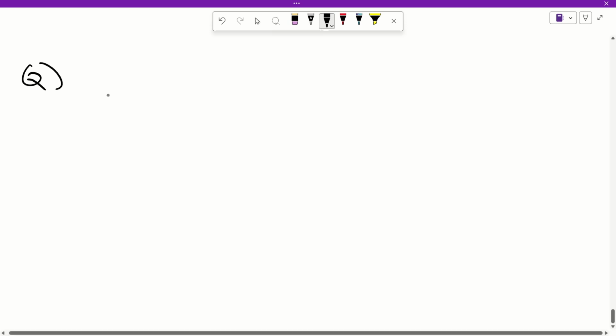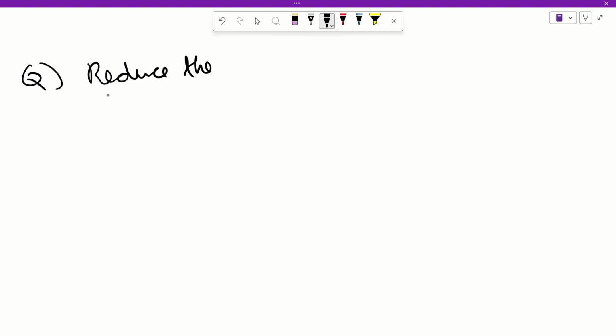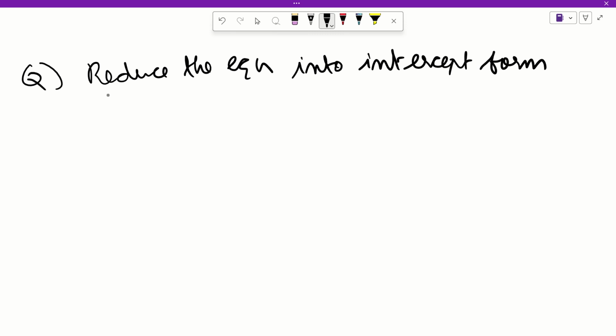Question: reduce the equation into intercept form and find their intercepts on the axis.